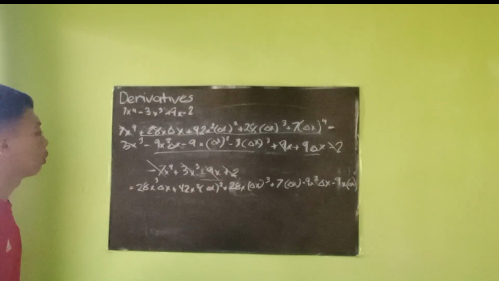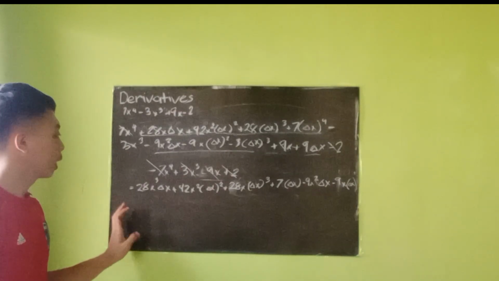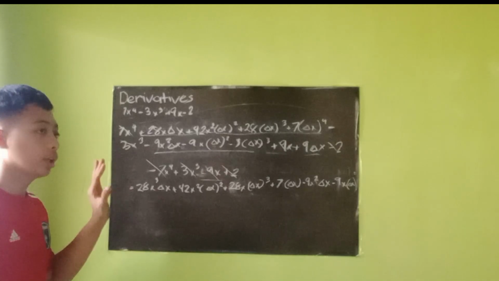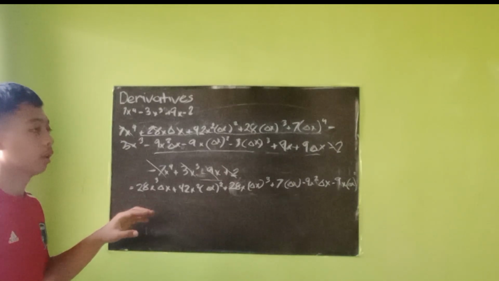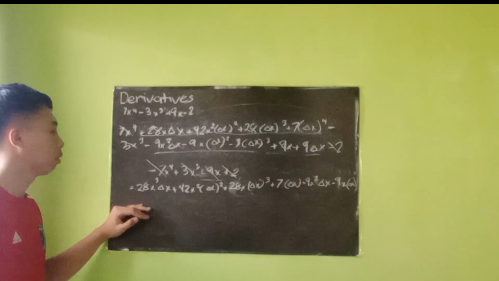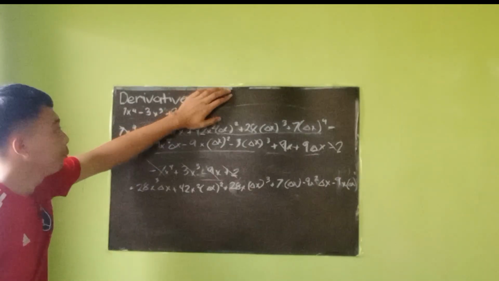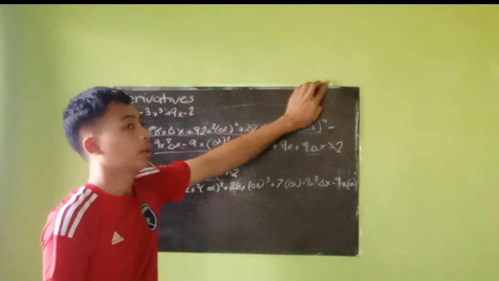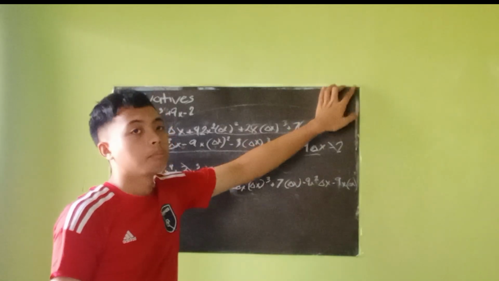Now after that, once you've already done rewriting it into this form, you also have to divide it by delta x.